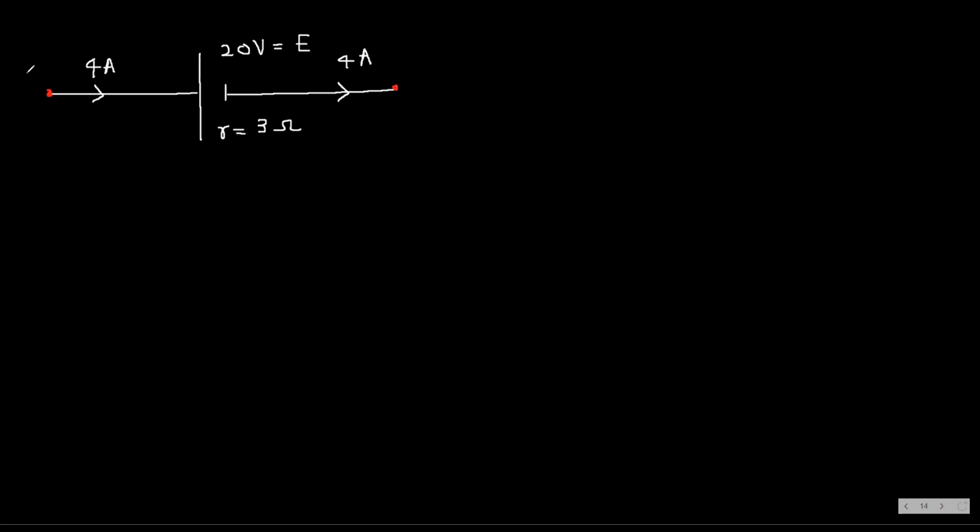Now I'm going to name these points A and B. Is it okay? The main thing is, we know the voltage difference of the battery is positive minus negative. Am I correct? It is a voltage difference. Voltage difference is always calculated as positive voltage minus negative voltage. Is it clear or not?